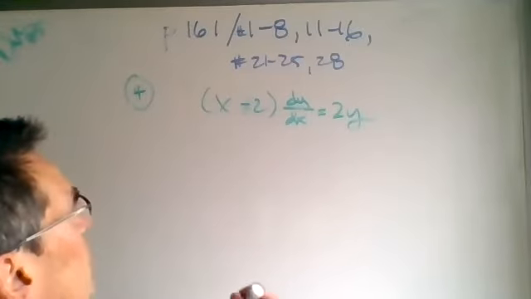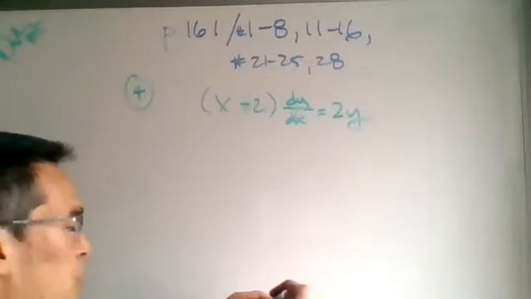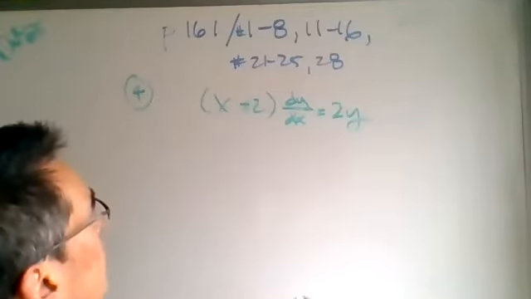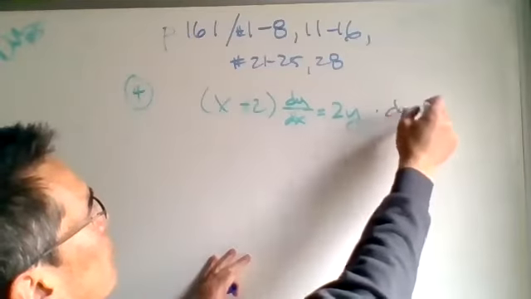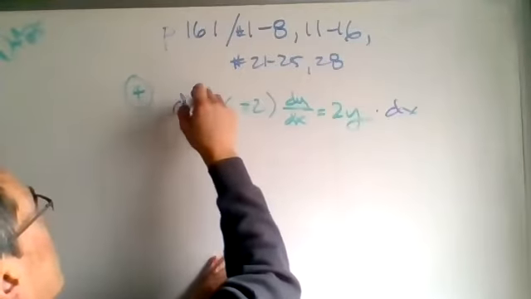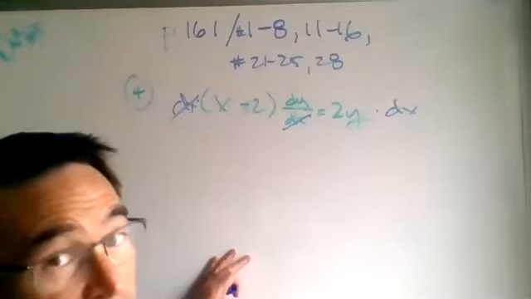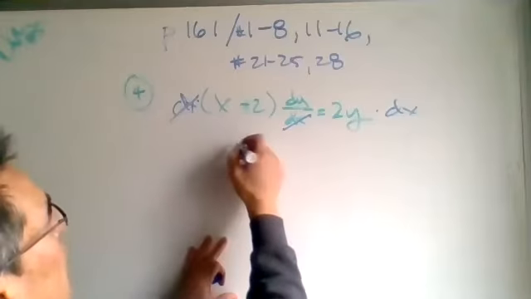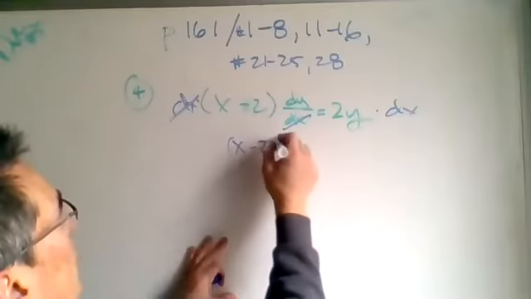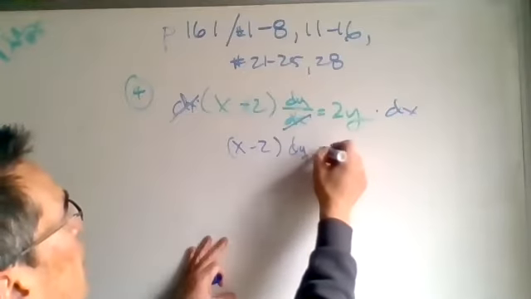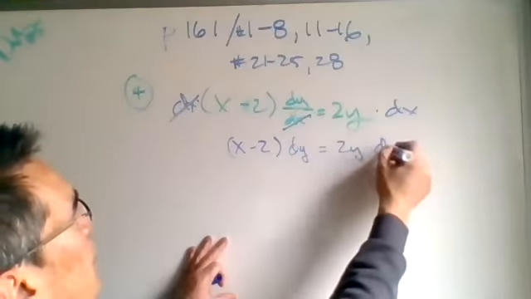So I'm going to multiply both sides by dx, and then those cancel. Now let me see what I have. I have (x minus 2) dy equals 2y dx.